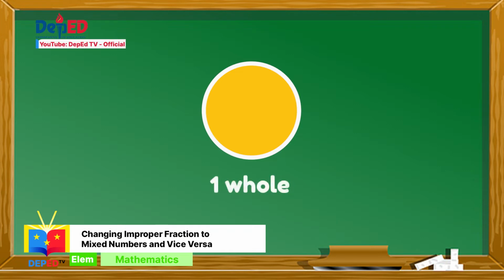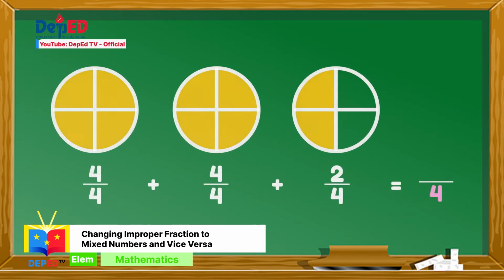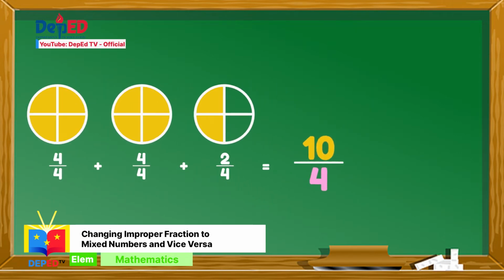Since a whole is divided into 4 equal parts, then we use 4 as the denominator. How many shaded parts are there? Let us count. 1, 2, 3, 4, 5, 6, 7, 8, 9, and 10. There are 10 shaded parts, and we will use 10 as the numerator.